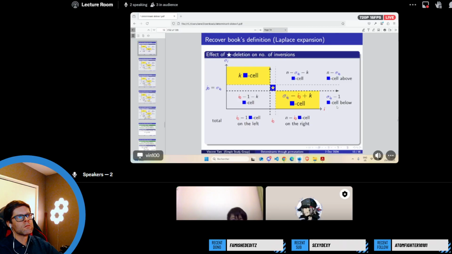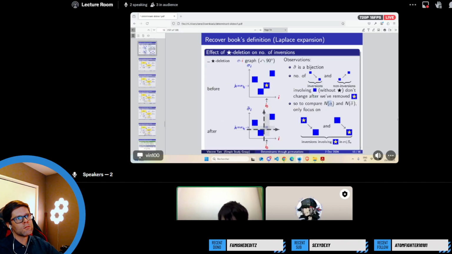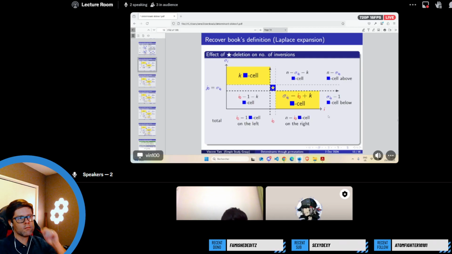So we count the number of changes between n sigma and n sigma tilde. The sigma tilde means the permutation after the star deletion. To be able to draw some conclusion, I let this region be K, and we suppose that there are K inversions here.